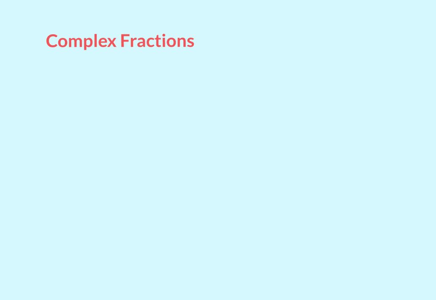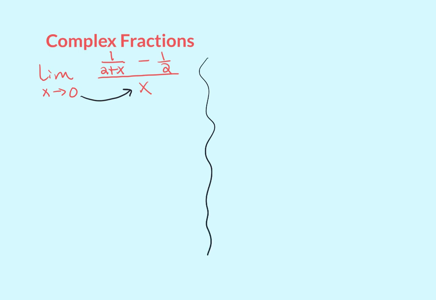Okay, the last example is when we have complex fractions. So the limit as x approaches 0, let's look at 1 over 2 plus x minus 1/2 all over x. So just like the other ones, if I do direct substitution right away, I'll have an undefined value. So how do I calculate the limit? Just like the last example, we're going to use our second box for our simplification, our algebra.